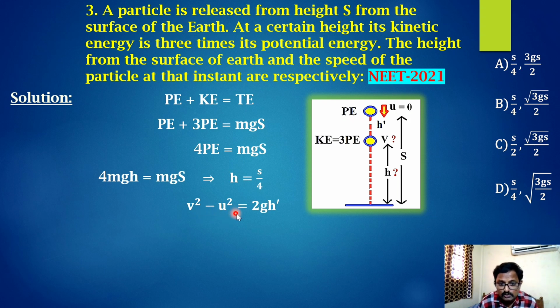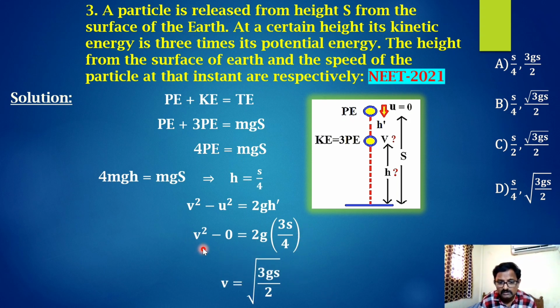That is v square minus u square is equal to 2g h dash. Here the height is h dash. This h dash is s minus s by 4, then we get h dash as 3s by 4. Now if you substitute, we get v square minus u square, where u is 0, equal to 2g times h dash, that is 3s by 4.